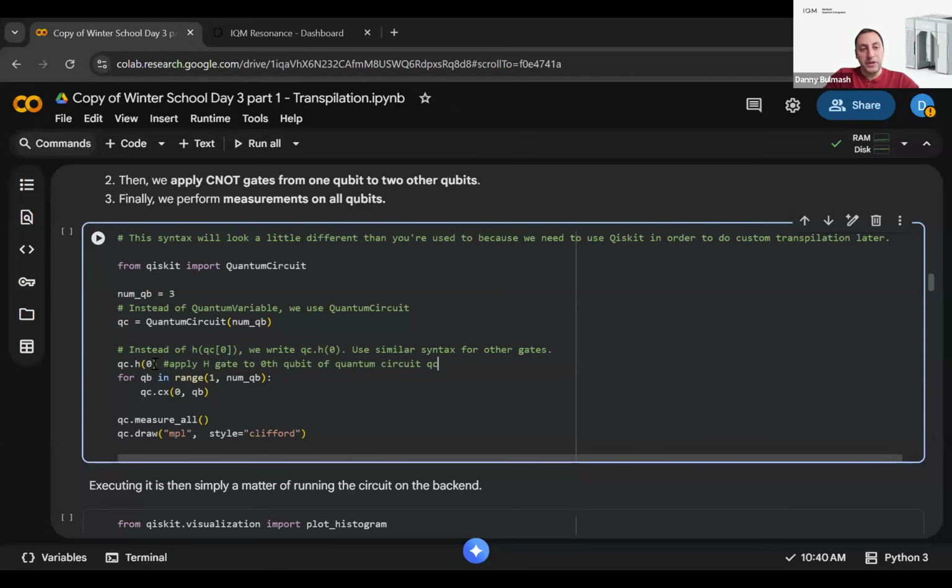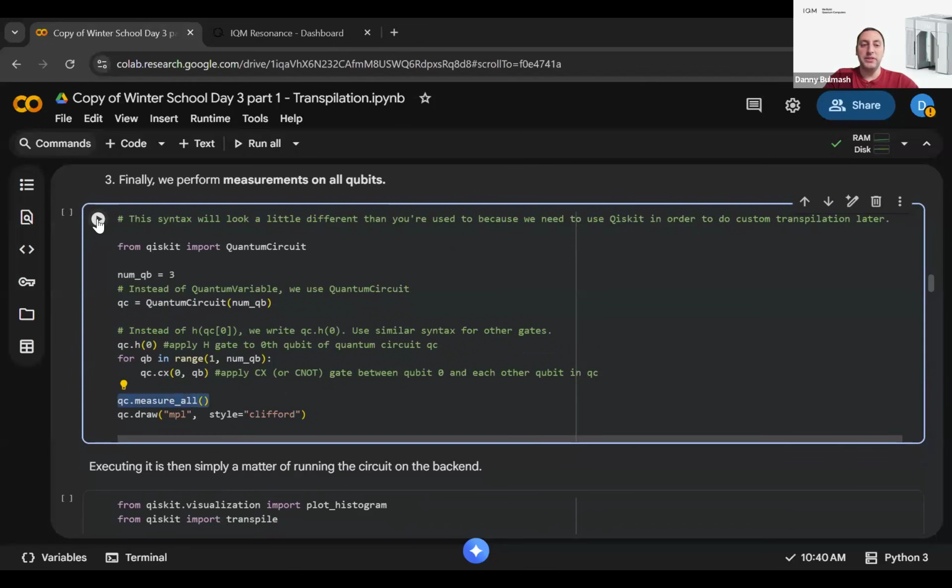So what we're doing is applying a Hadamard gate to one of the qubits, and then applying a controlled X gate between the 0th qubit and the other qubits that we have. Okay? So this applies a control X or control NOT, same thing, gate between qubit 0 and each other qubit in QC.